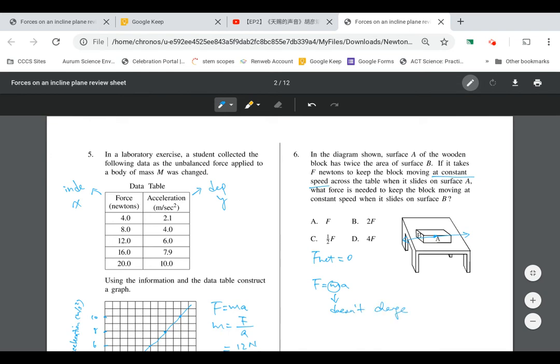So it doesn't matter if it slides on surface A or surface B, the force applied here should not change. It should be F. Assume that we did not consider the friction based on the different area. Because the question does not talk about friction, we just assume the friction will be the same. Okay.